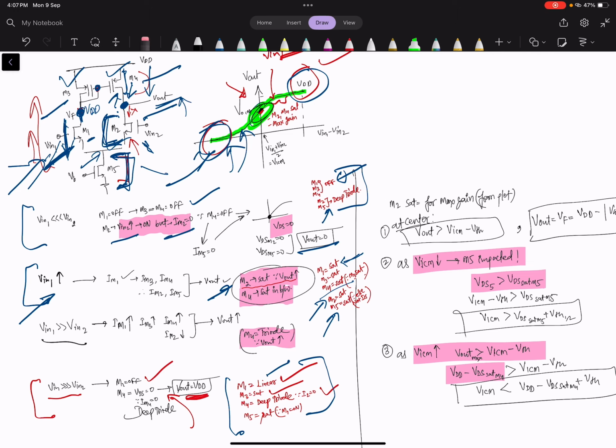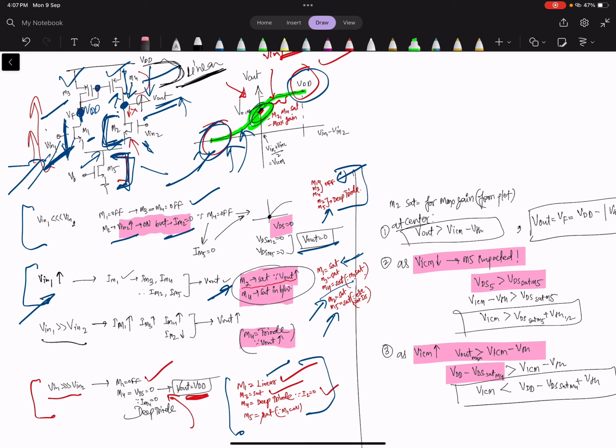Now when Vin is increased, this voltage Vout is increasing. So what will happen to this VDS? It will go into the linear region. You have to understand how it is going into the linear region.